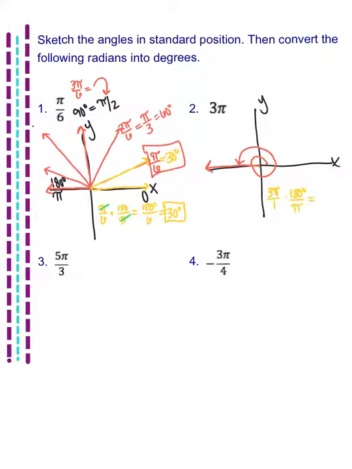Notice that your pi's are going to cancel. Nothing else cross cancels. And then 3 times 180 is going to be 540 degrees. So 3 pi is 540, or 180 times 3. Again, 180, 180, 180, or pi, 2 pi, 3 pi. Excellent.